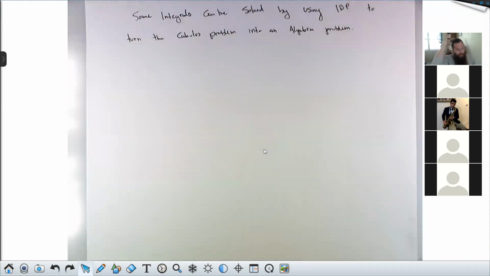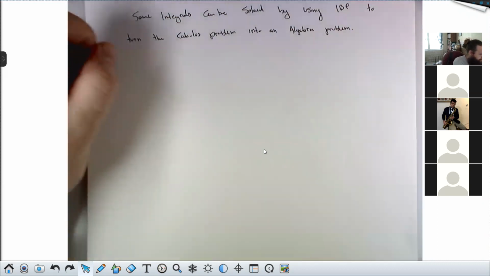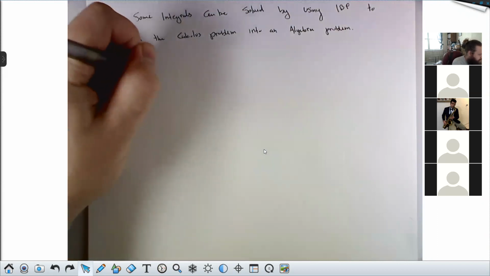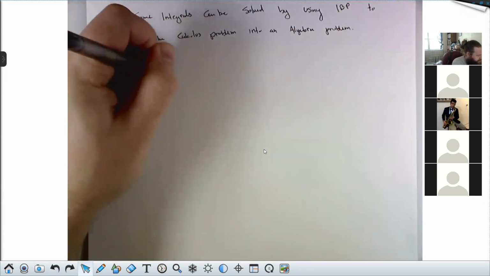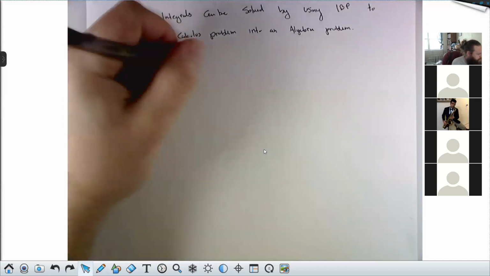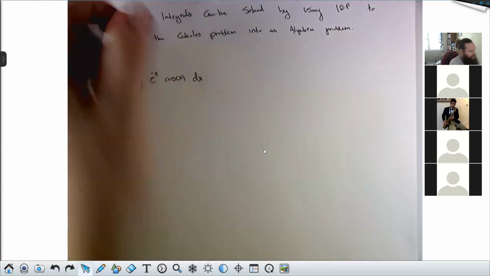And these are called looping integrals. The classic example is something like e to the negative x times cos x.